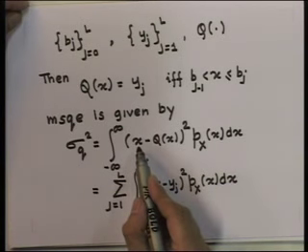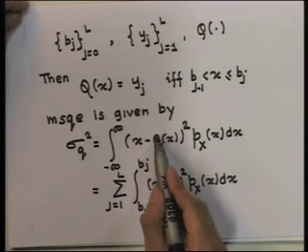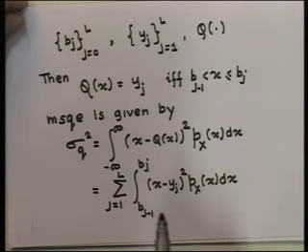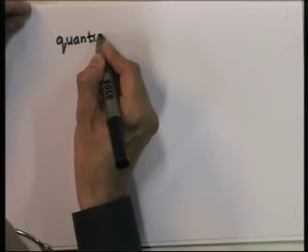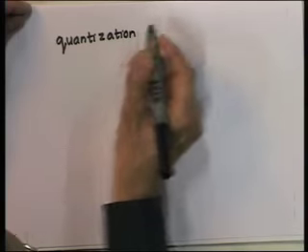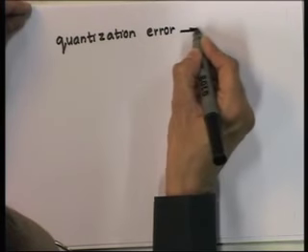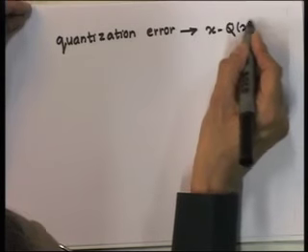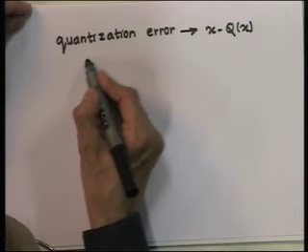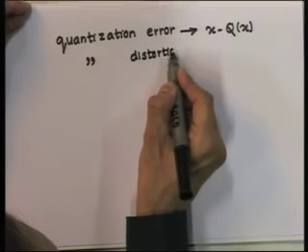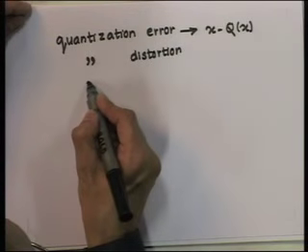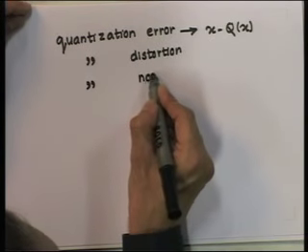The difference between the quantizer input x and output y, equal to q x, is referred to as the quantization error. Or it is also known as quantization distortion, or more popularly known as quantization noise.